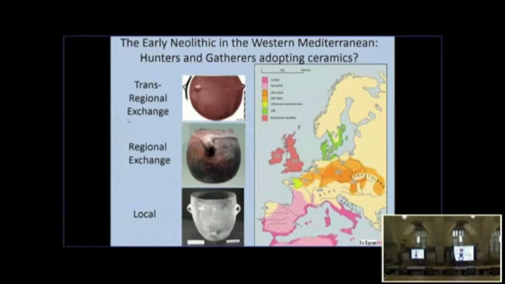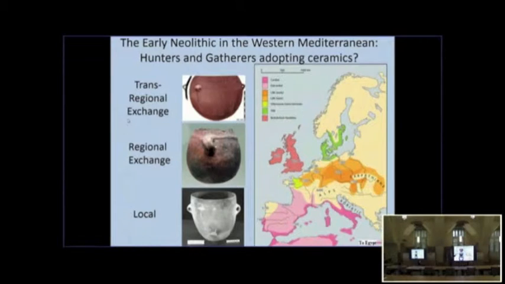That's pretty fast for agriculture to spread all the way across the Western Mediterranean. And in fact, radiocarbon dates are plus or minus 100 years. So you've got 150 years of spread plus or minus 100 years, which is really fast.